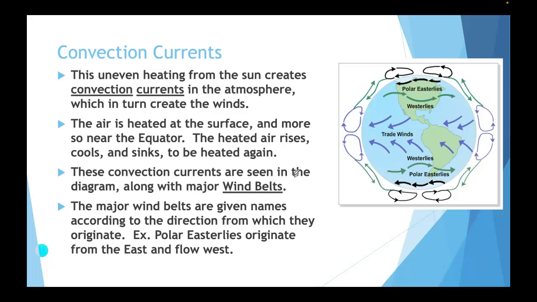That's number 3. So you can write that convection currents are what create the winds, and it's from uneven heating from the sun. And then that would be question number 3.